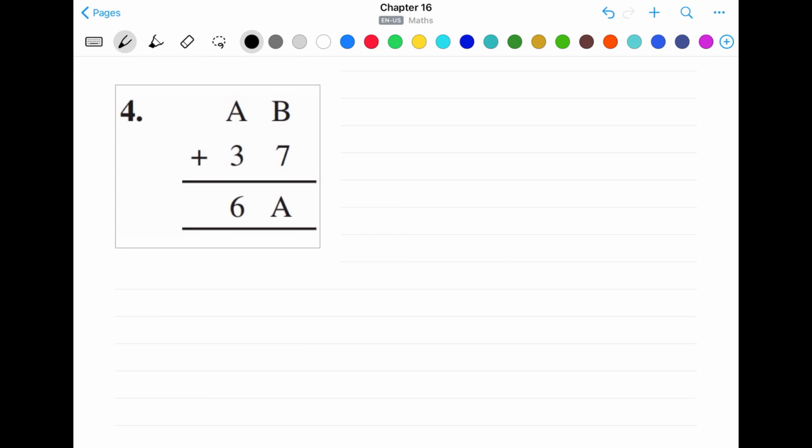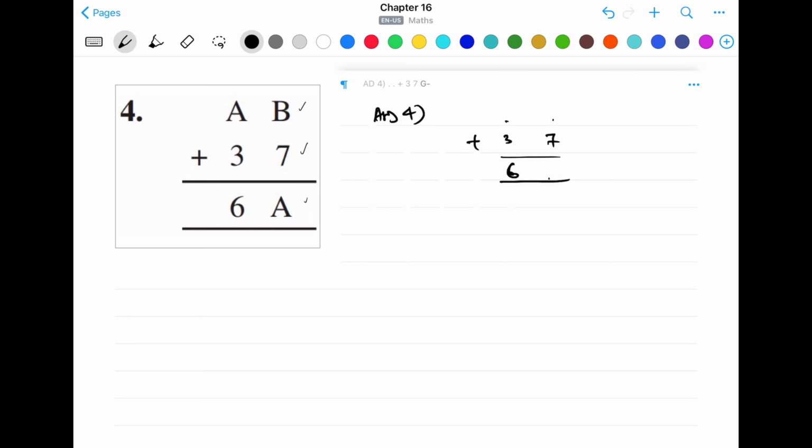Here we have again addition of two digit number AB plus 37, and we are getting the result as 6A. So let's write its answer, number 4. We have 2 digit AB added to 37, and we are getting the result as 6A.